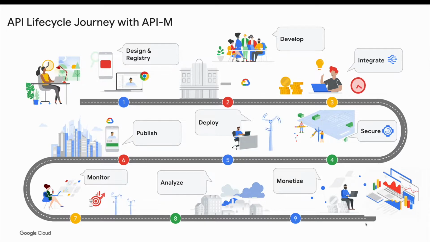Potentially, you might even want to monetize your APIs and create a new revenue channel directly from your API program. While it looks like that's the end of the road in this diagram, in fact, that's just the start. After analysis and feedback from your ecosystem, you would essentially go back to step one in order to iterate, design, and rebuild or build new capabilities on your API.